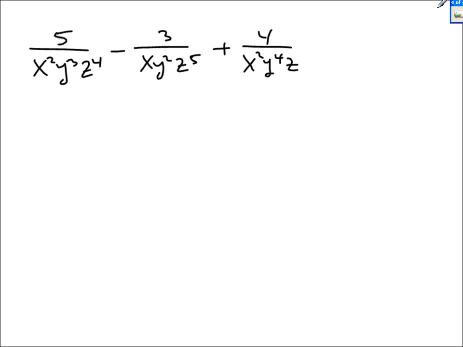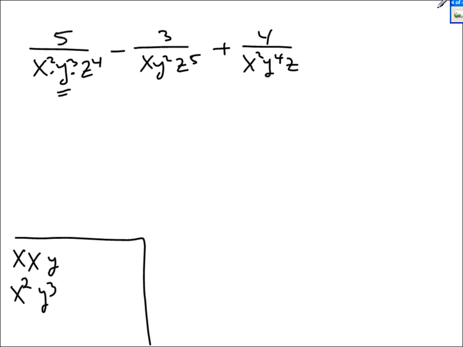Factors are things that are being multiplied. X squared times y cubed times z to the 4th. So the first factor is x squared. Now x squared means x times x. Y cubed. I didn't include 3 factors of y yet.